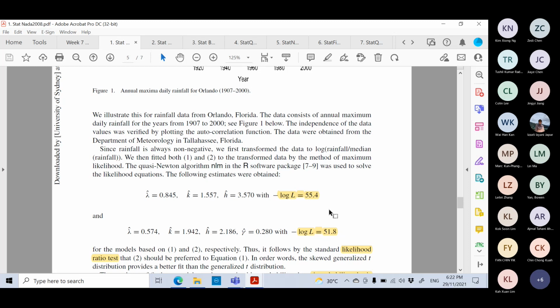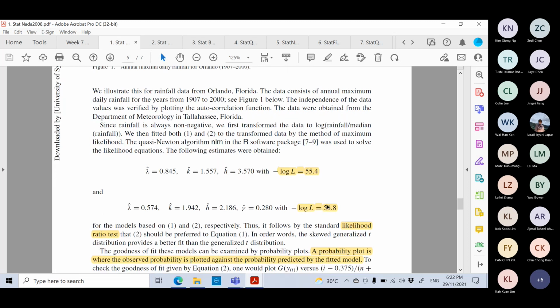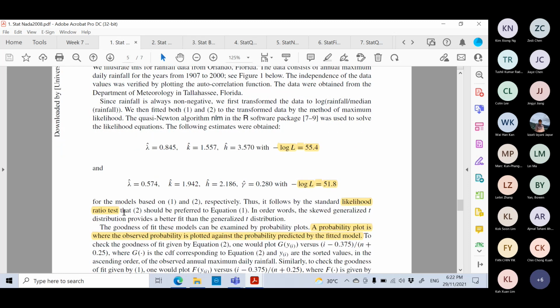Okay, so besides the log likelihood, it's still not enough to justify that their distribution performs better. Therefore, the authors carry out a test, the log likelihood ratio test.